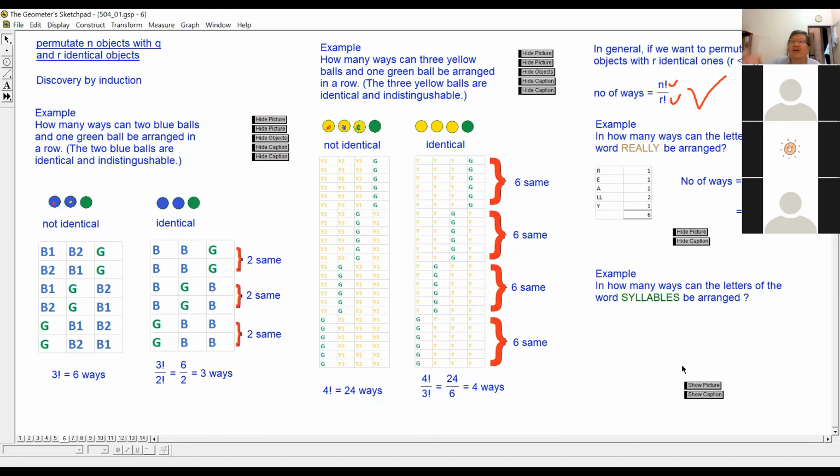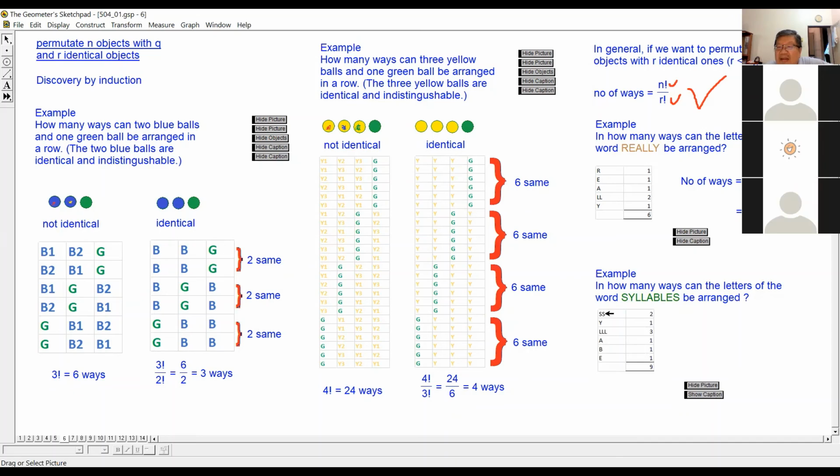So you spell out the word: S, Y, L, L, A, B, then go up, L again, and E, S. You don't write at the bottom, you copy at the top again. So you will have something like this.